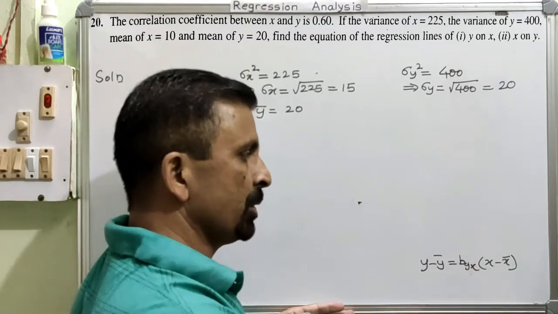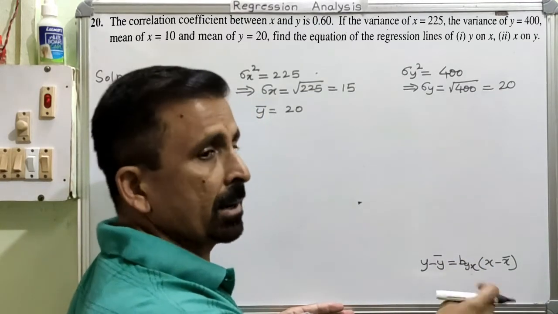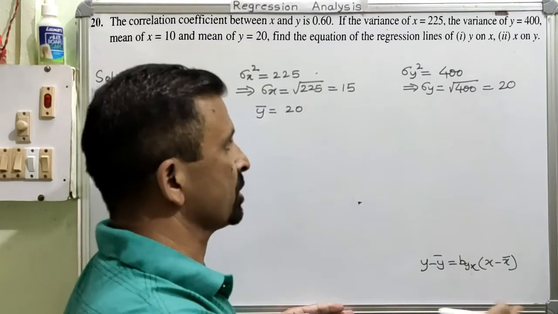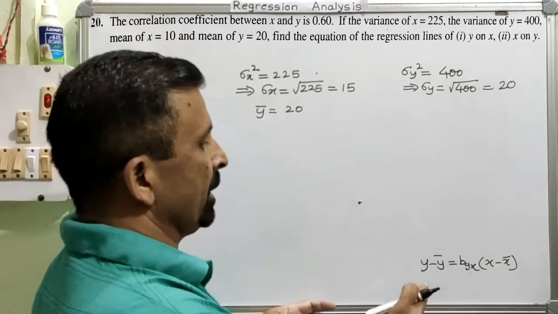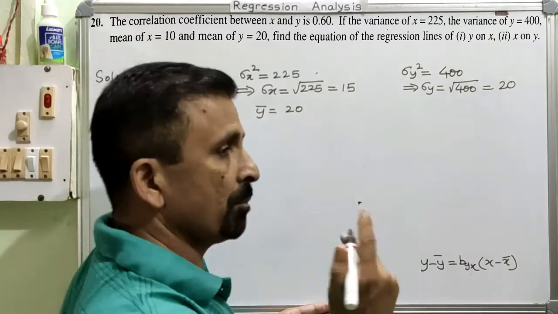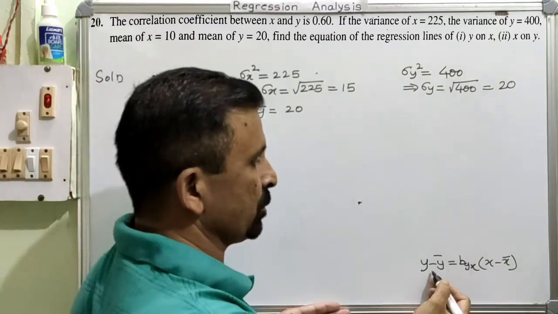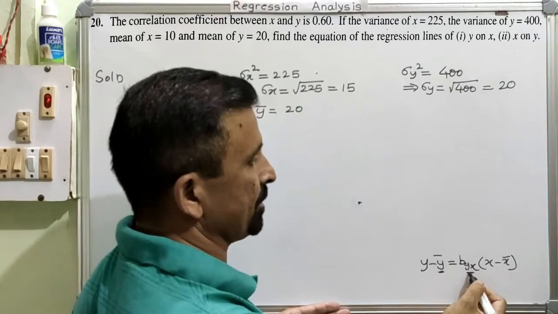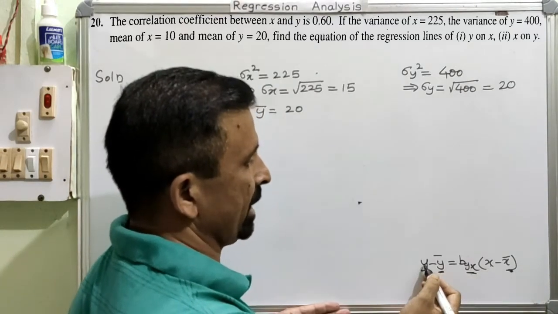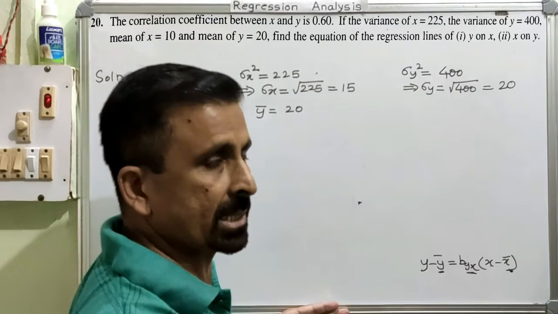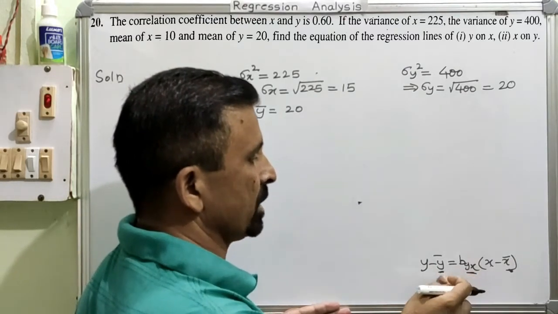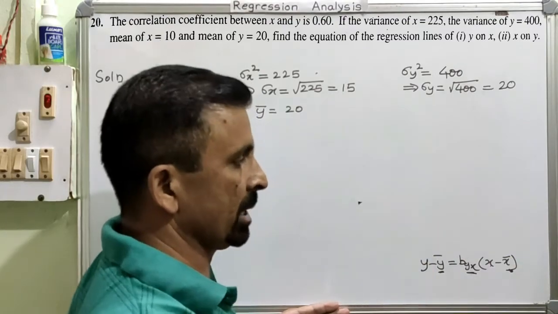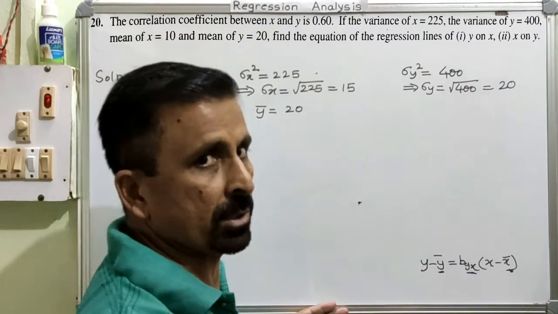Likewise, you will be able to get the regression line for x on y. This is just a reminder. Now, to calculate both equations, I need to have the value of this part and then this part. x and y are variables which remain as they are in the formula. So there are other things, 1, 2, and 3, and these three have to be known to us. Only then will we be able to complete the equation.